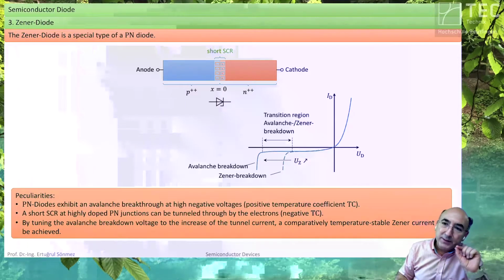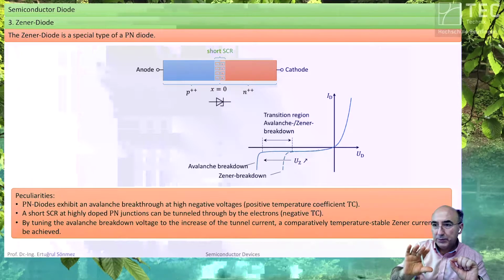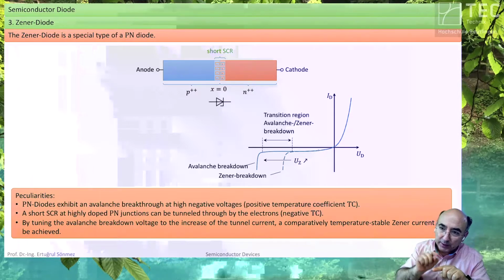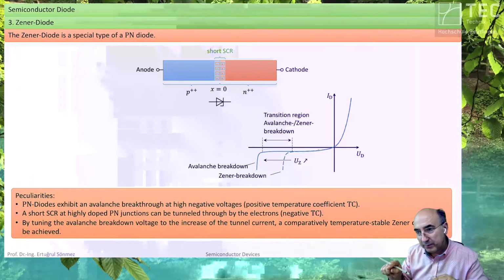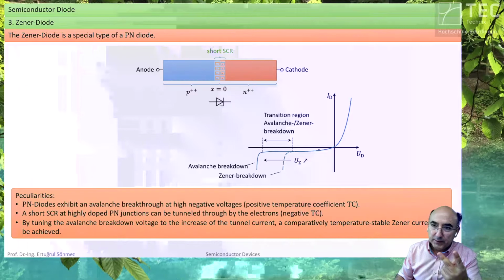That means the tunneling current increases, or the other way around, the voltage to reach a certain tunneling current decreases. So you have two counteracting tendencies.